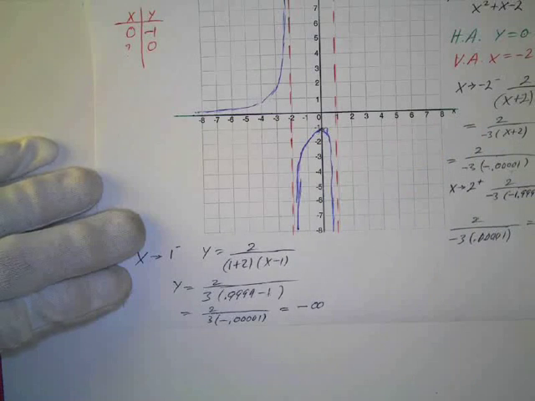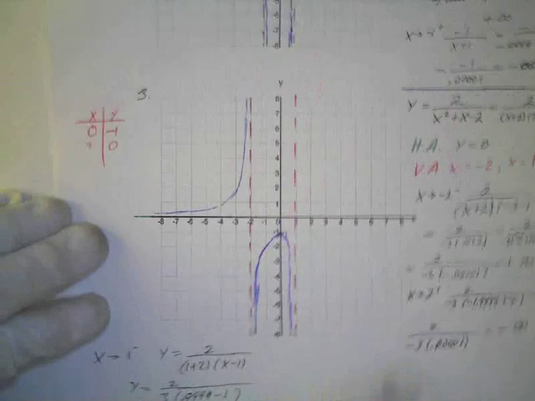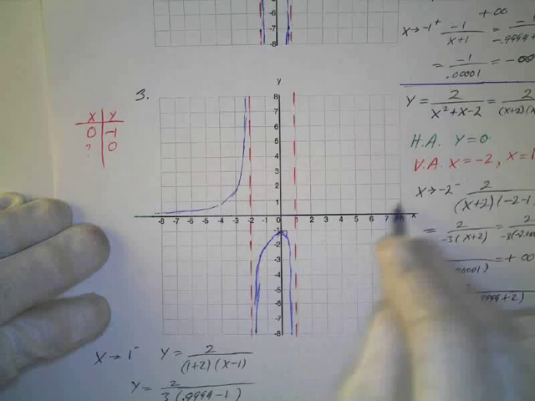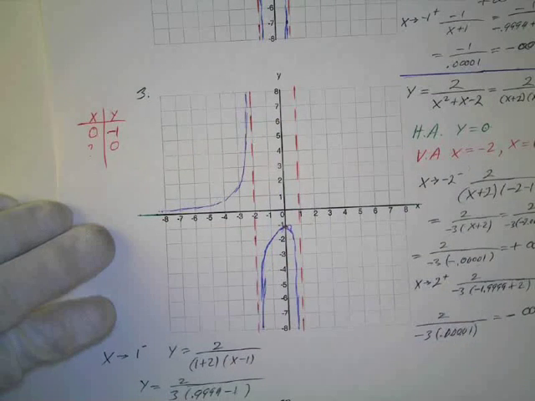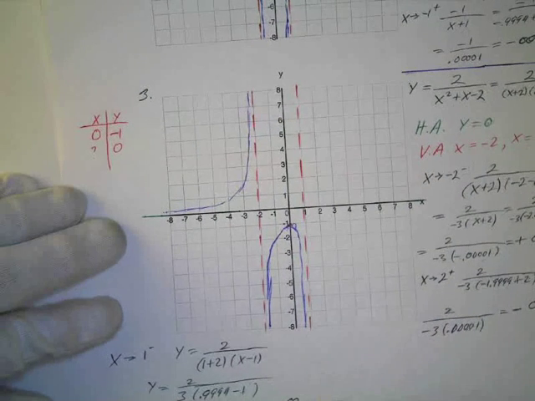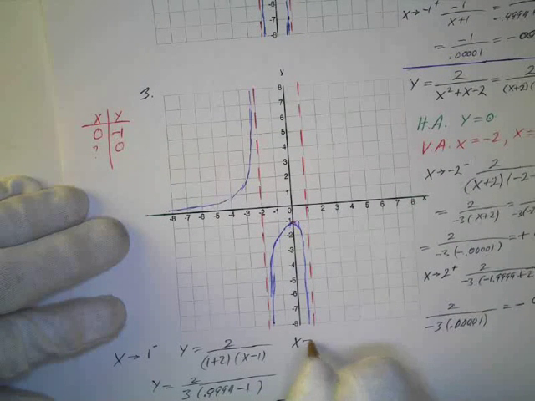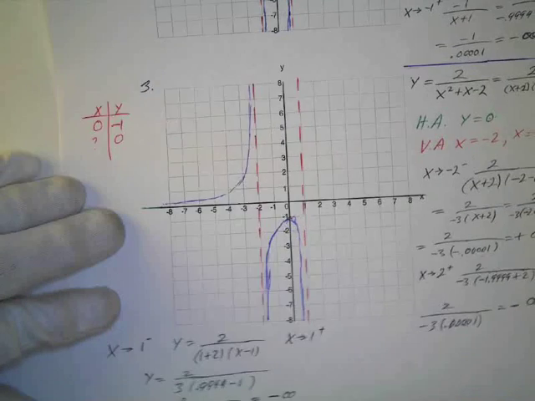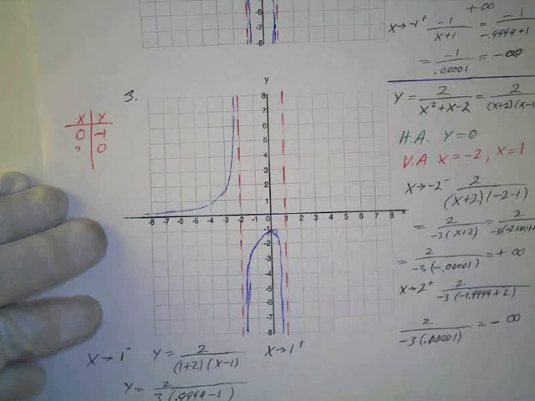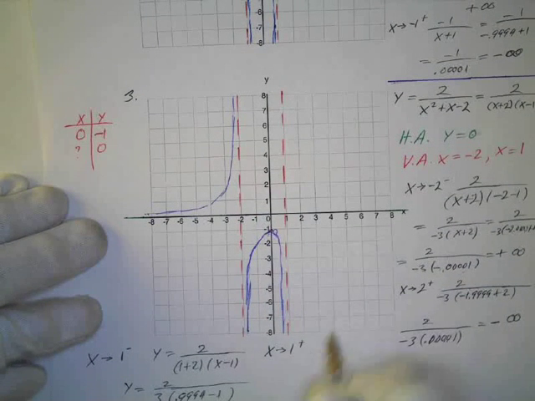Okay, so we have something like that. And then finally, let's see what happens over here. Now we know it could either go like this, or it could go like that. So how does it go? So let's see what happens as I approach 1 from the positive direction. So as x approaches 1 from the positive direction, this way. Well, again, I can still use this over here, so I have 2 over 3.